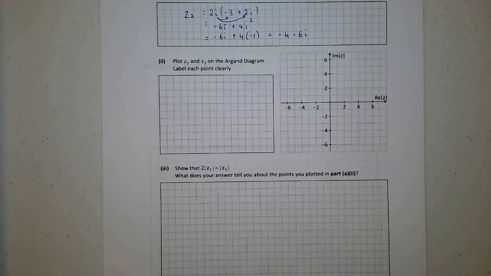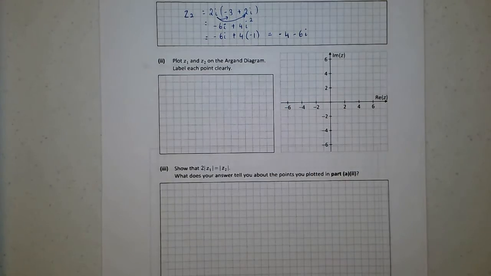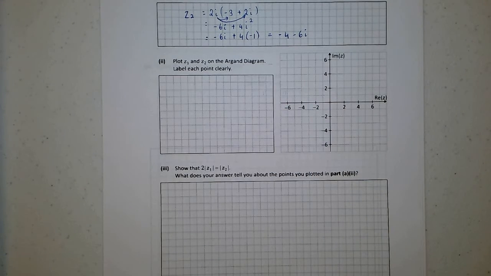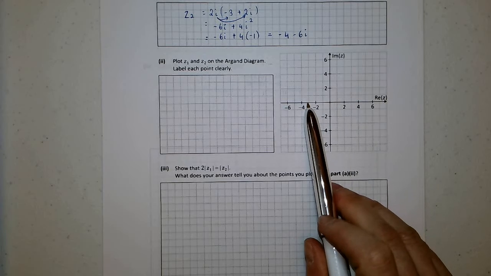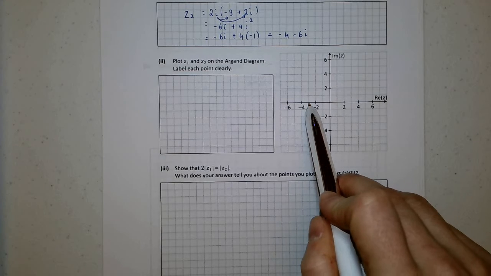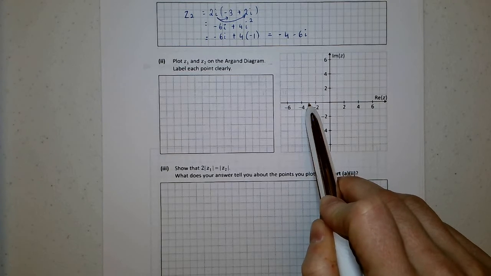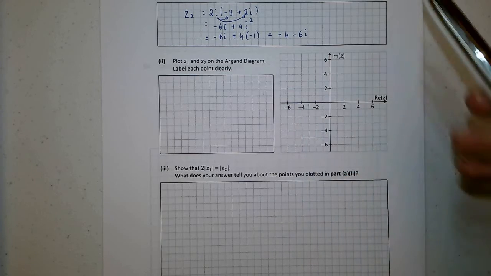In order to plot it, we plot it nearly the exact same, the real part first and then the imaginary. So z1 is minus 3 plus 2i, so we go out to minus 3 on the real axis, and plus 2i is up to 2 on the imaginary axis.